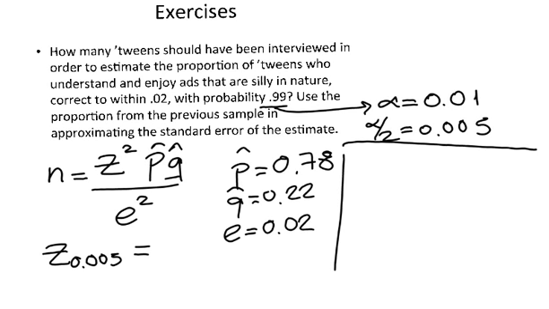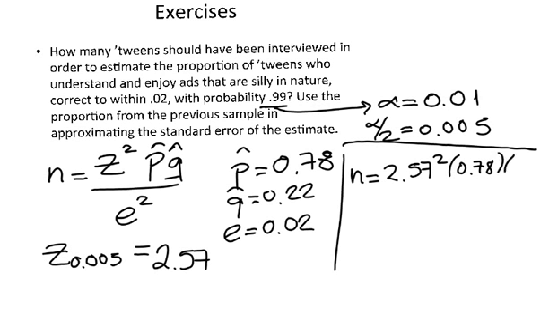If you look in the table, again, you need to look inside the table for this area 0.005, and you will find that it's around 2.57. So we have now n that should be 2.57 squared times 0.78 times 0.22, and this is divided by 0.02 squared.